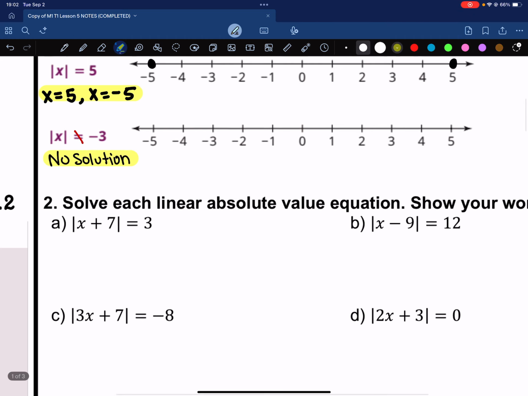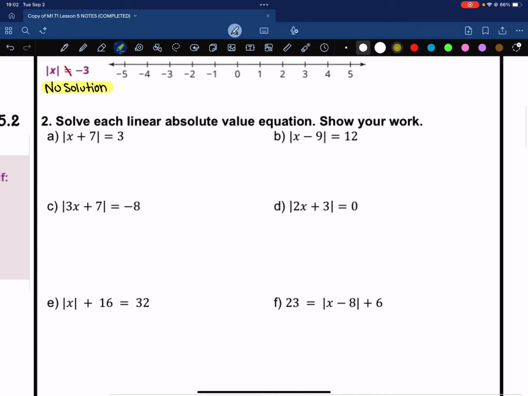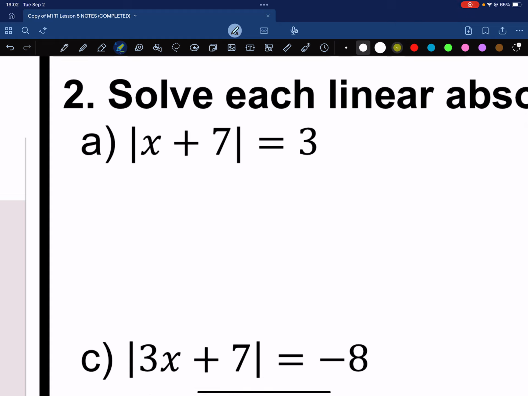Okay, so now we're moving into solving linear absolute value equations, and we need to be able to show our work. So if we look at this equation right here, the first thing you need to check for is that there is nothing being added, subtracted, multiplied, or divided on the outside of these absolute value bars.